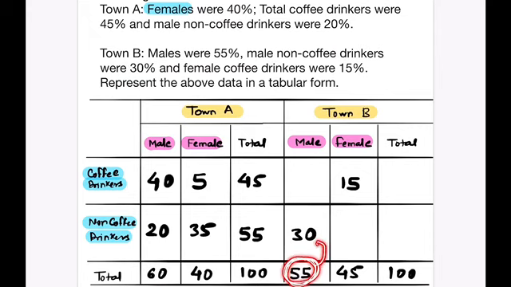Out of this 30% are non-coffee drinkers. So rest will be coffee drinkers. So 55 minus 30 will make 25%. Total females are 45%. Out of these 15% are coffee drinkers, so remaining will be non-coffee drinkers, 30%.